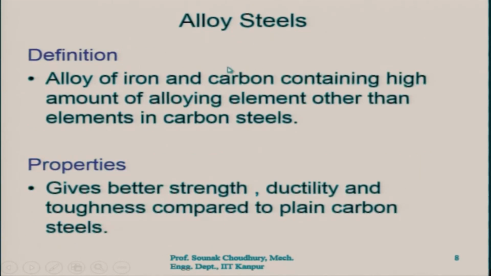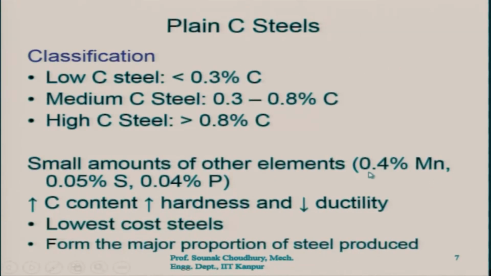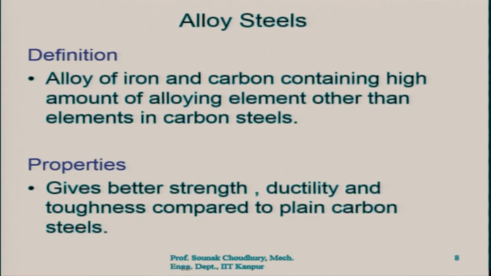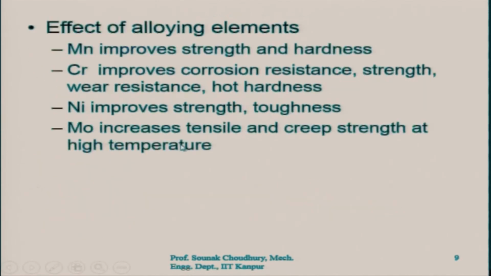In alloy steels, there is a high amount of alloying elements other than the elements in carbon steel. First of all, those elements will also be there, manganese, sulfur, phosphorus, and their percentage can be more, and there are many other elements which will be used as alloying elements.